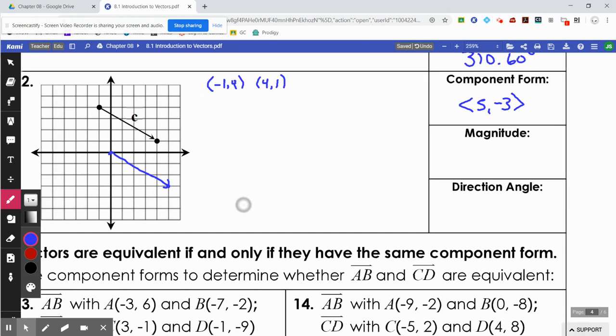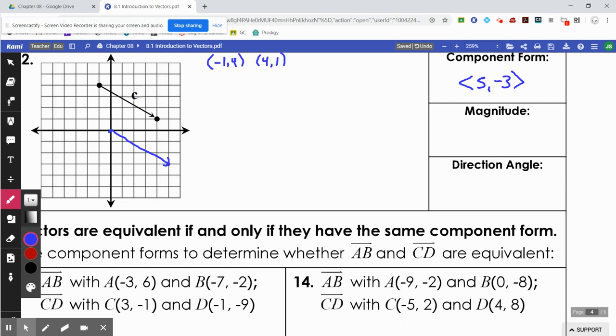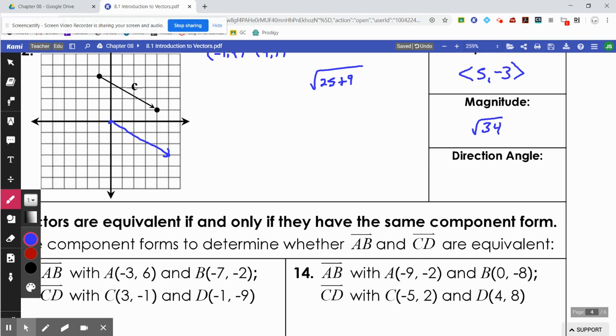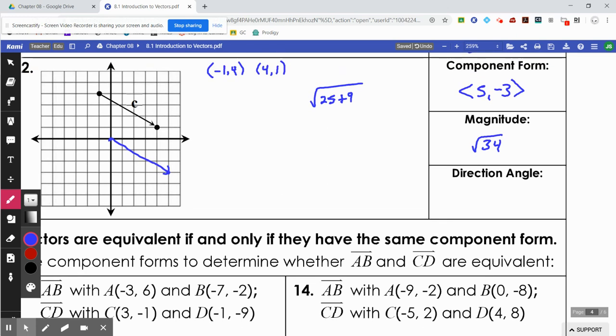So now the rest of it's easy. Magnitude is simply Pythagorean theorem. That's going to be the square root of 25 plus 9, a squared plus b squared, which is root 34, which is going to be somewhere between 5 and 6. The direction angle, it's a fourth quadrant angle. So therefore, we first find our reference angle. I know the tangent of theta would be 3/5, b over a.